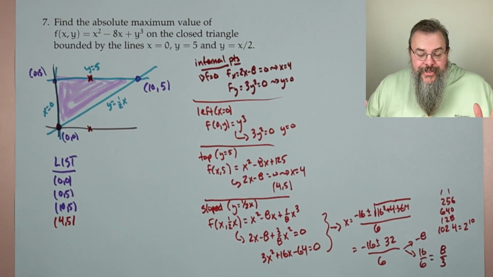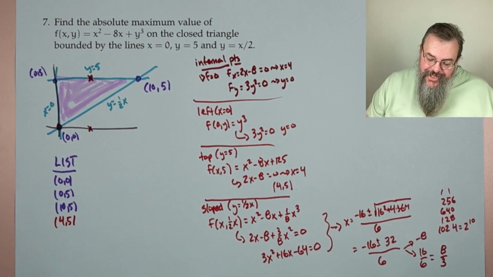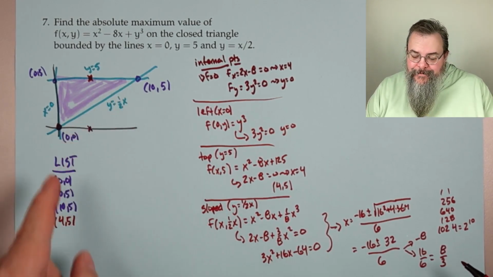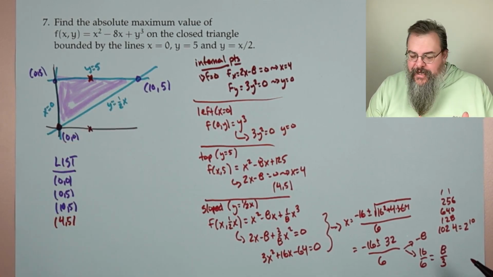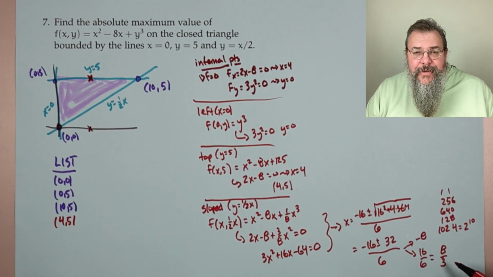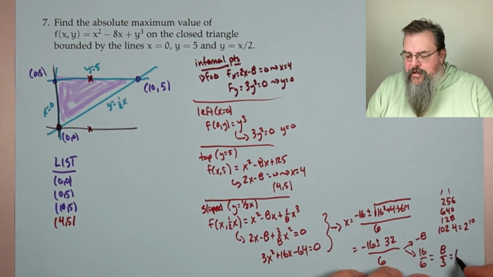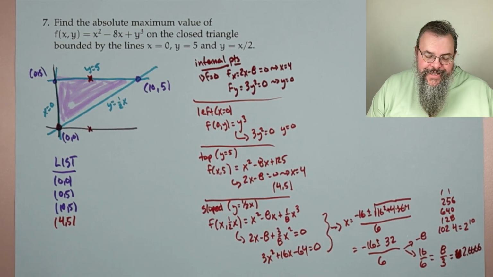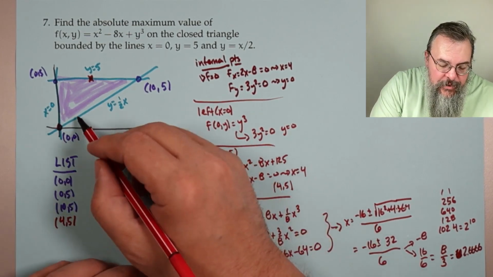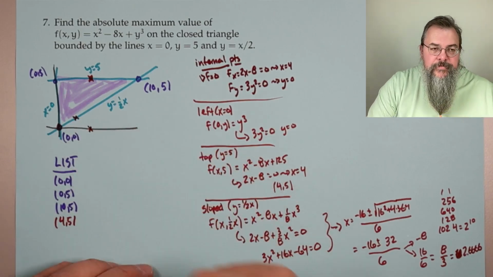And 8/3 is actually okay, right? Because that's an x value. It's a little less than 3. It's like if you're writing this as an engineer, you'd say, oh, this is 2.6666. So that would be somewhere roughly here.